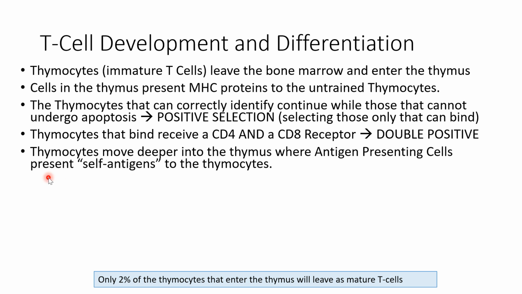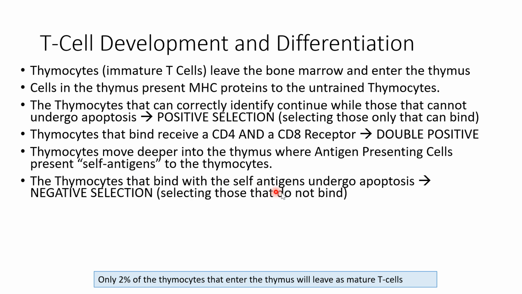Thymocytes go deeper into the thymus, where antigen-presenting cells present self-antigens to the thymocytes. The thymocytes that bind with the self-antigens undergo apoptosis. Why would you kill a thymocyte if it bound with a self-antigen? Remember, self-antigens are your antigens. We don't want T cells to destroy self-antigens. We want them to know, oh, okay, this is part of self. I don't destroy it.